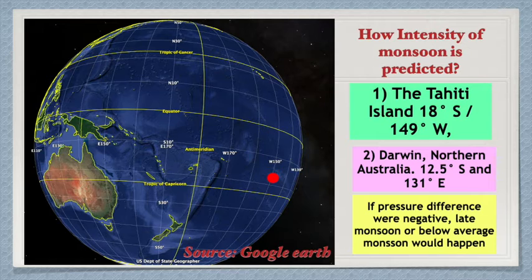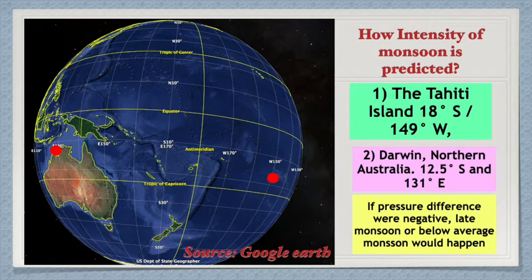That is the location of Tahiti Island. And one more place, Darwin in northern Australia, 12.5 degrees south of equator, and 131 degrees east of prime meridian. That is the location of Darwin.